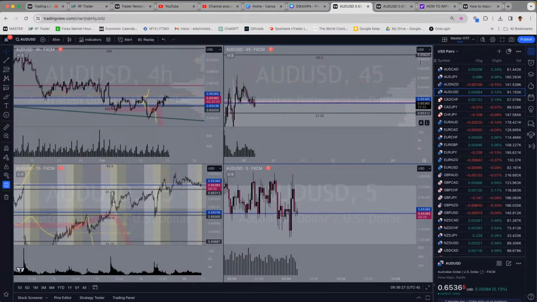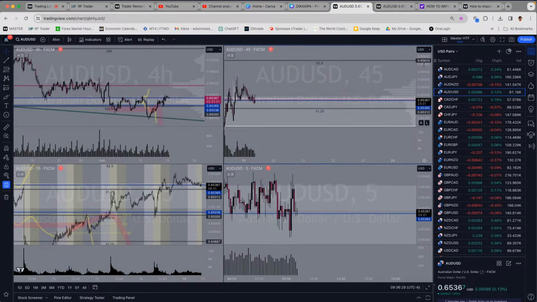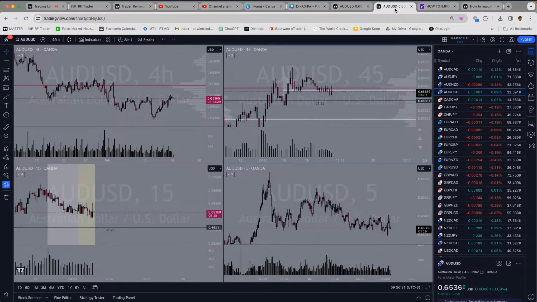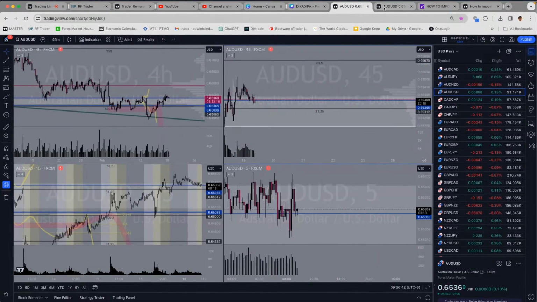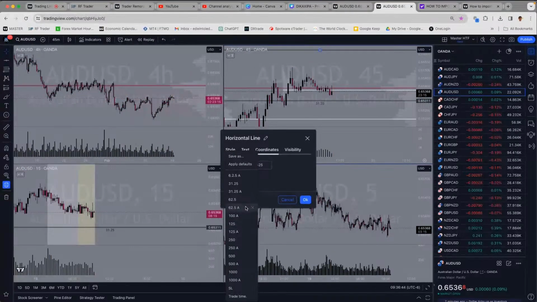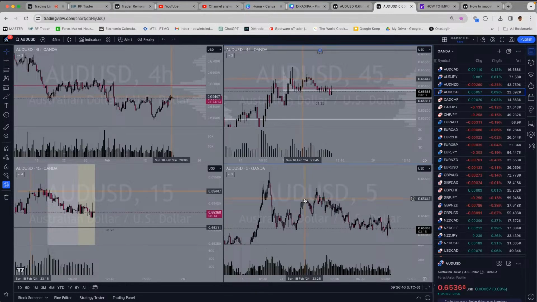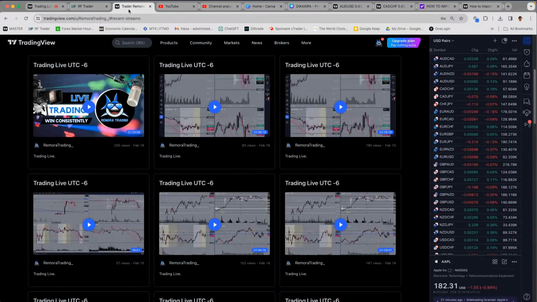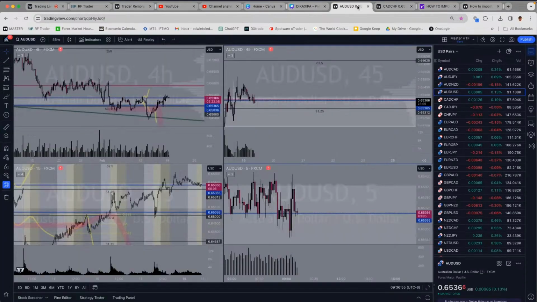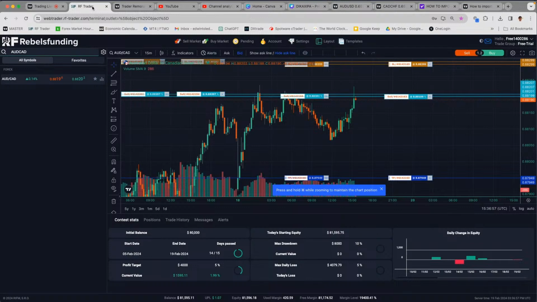This one is at 65.625. So nothing big, really. I mean, there's nothing to look at here. Alright. Nothing to do in AUD, or trade, or only trade so far.